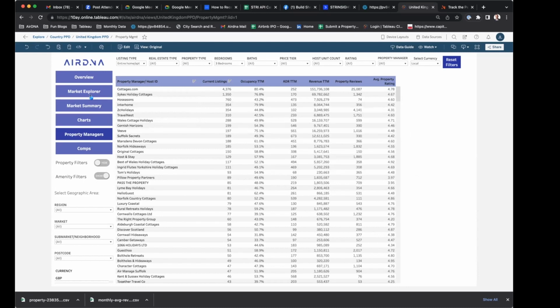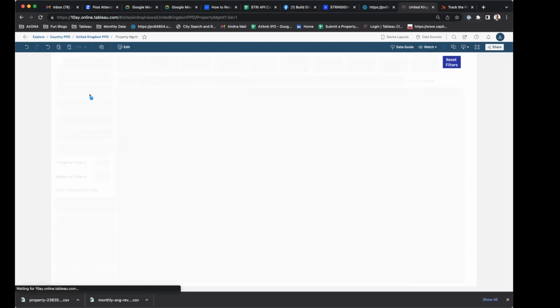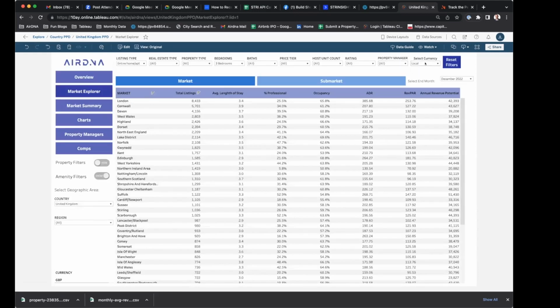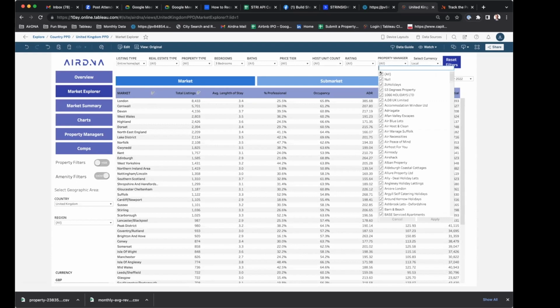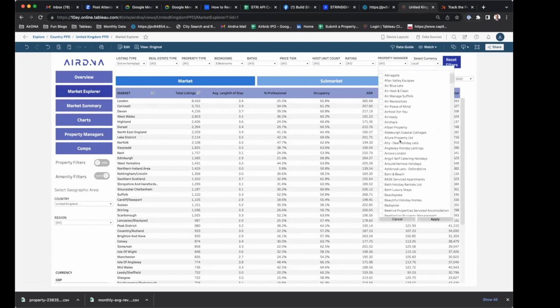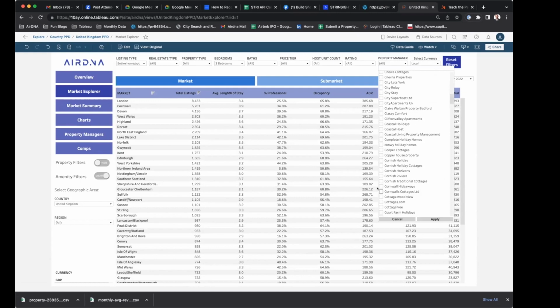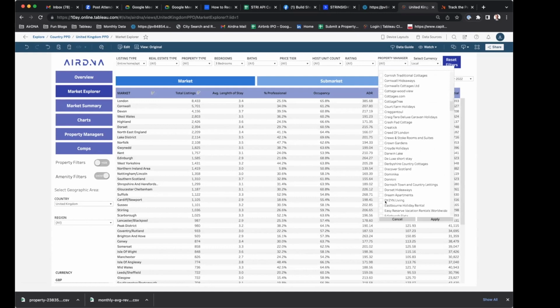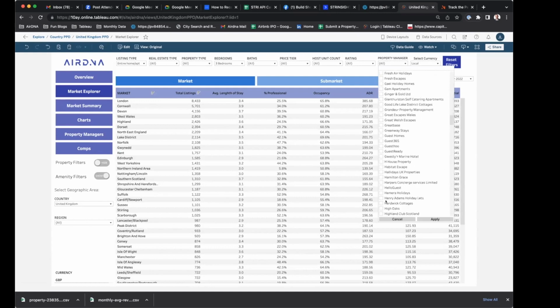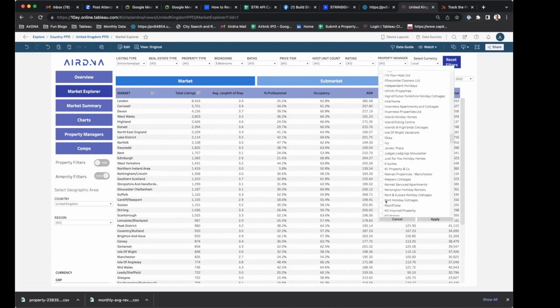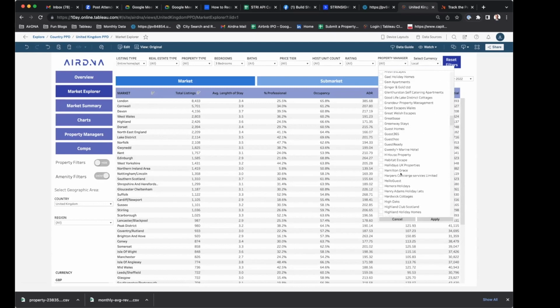And then if we want to understand more broadly where certain ones are and how they're operating in those markets, you could filter by property manager and see the markets that they're in and how they're performing. Oh, nice. So you could go, right, property manager, how many of their listings are in Leeds, for example? You can go, right, let's just look at one and say, what's the competition in the area?